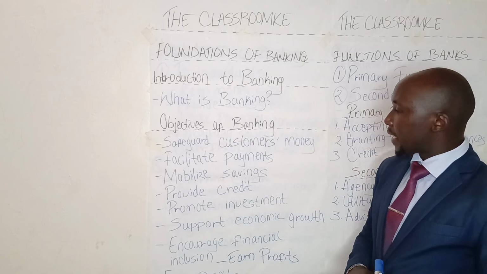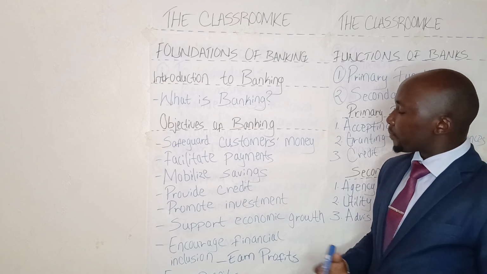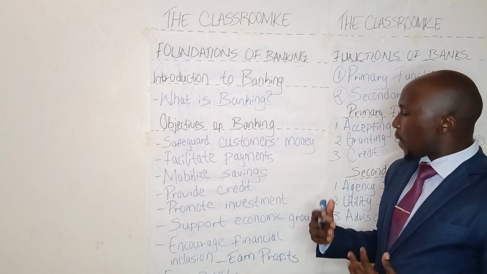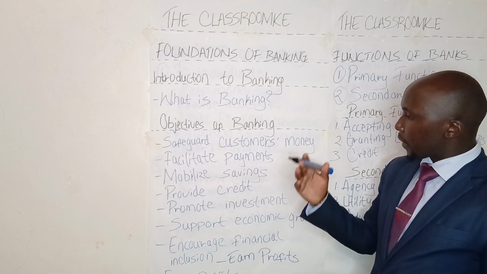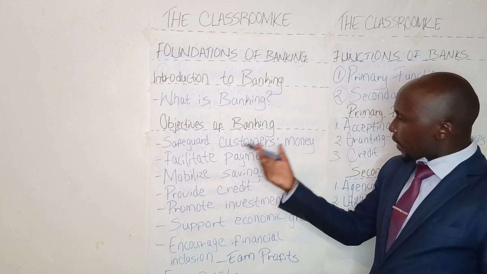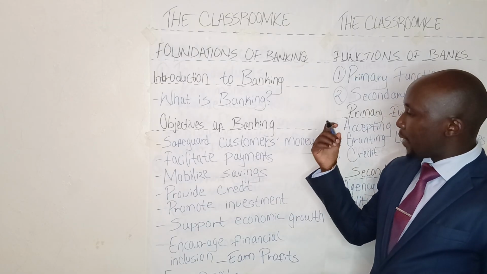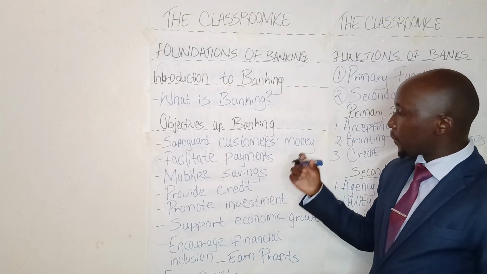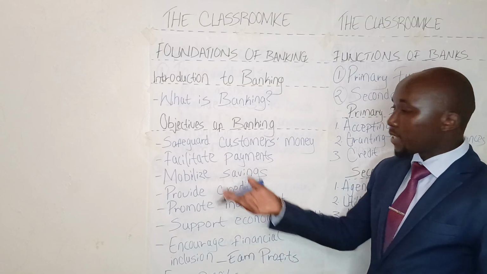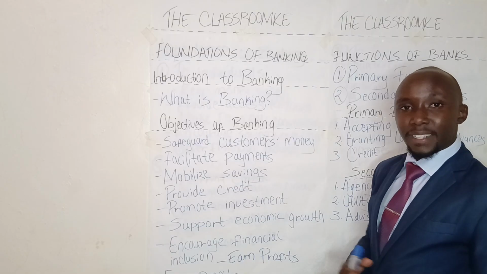Number two is to facilitate payments. Banks offer quite a number of options, from checks, standing orders, mobile money, internet banking, real-time gross settlement, the ones we call RTGS, and EFTs, the electronic funds transfers.